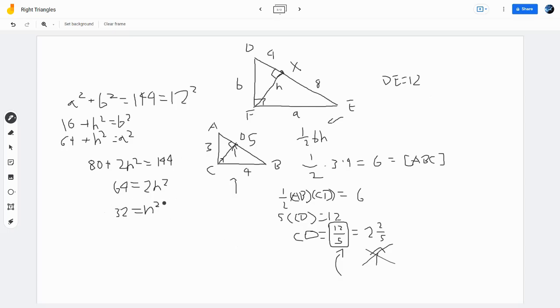If we take the square root of both sides, we have square root of 32 equals h. If you simplify this, you'll see that it's just 4 square root 2, because it's 16 times 2, and 16 is 4 squared. So that's our answer.